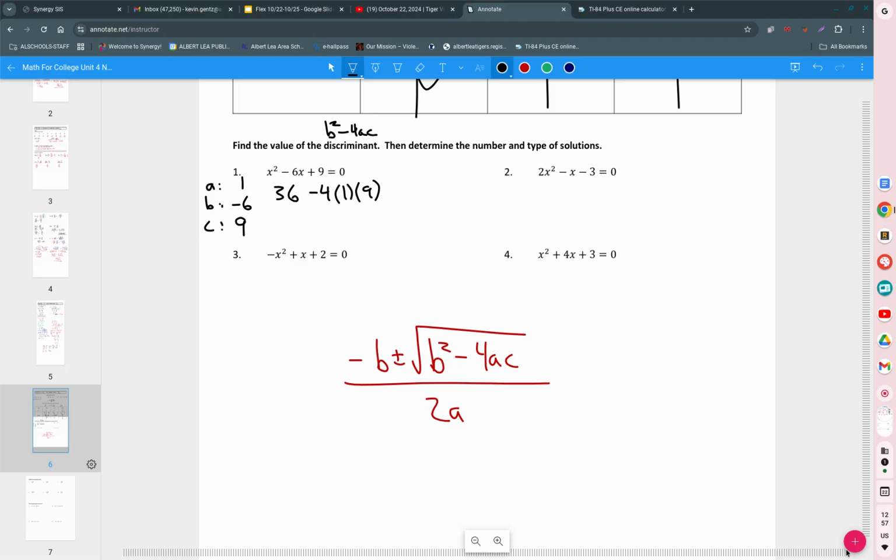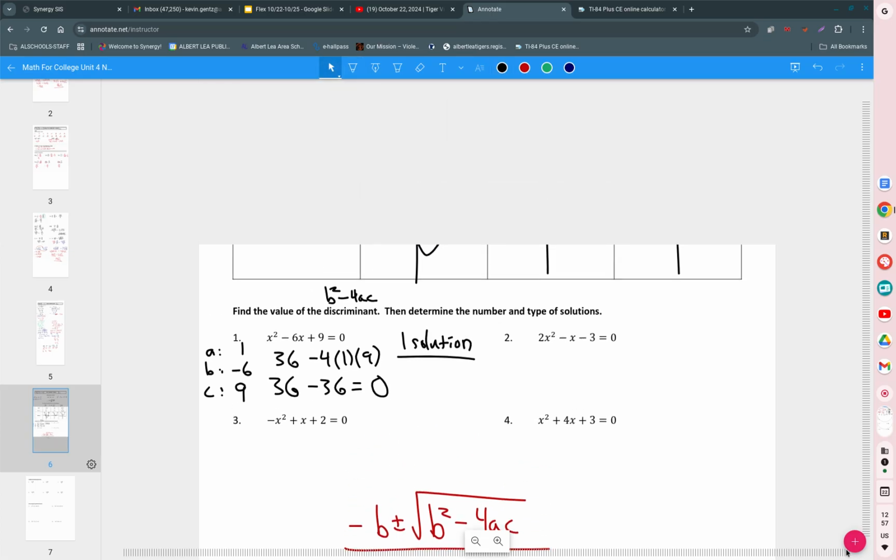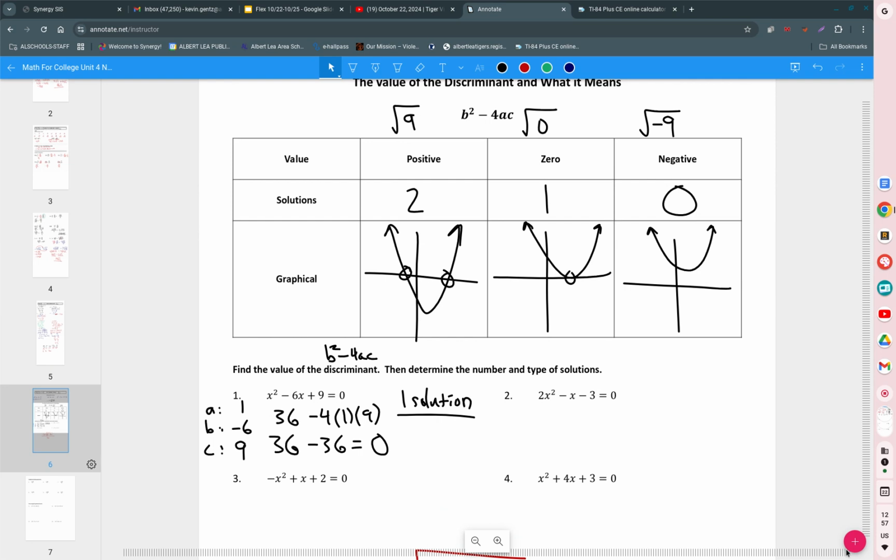So it will be subtraction. I have 36 minus, what is 4 times 1 times 9? 36. And 36 minus 36 is? 0. So you have one solution. One solution according to what we said here. If the discriminant has a value of 0, there's one solution.